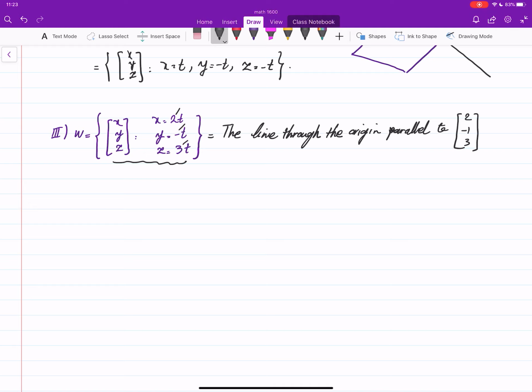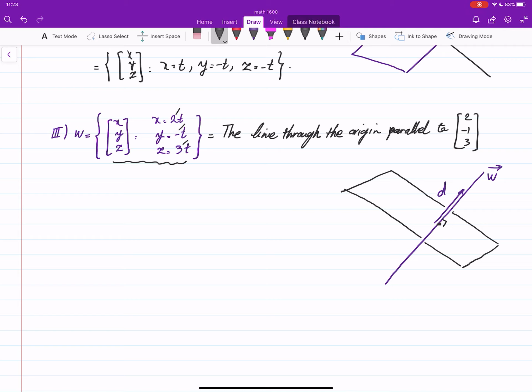This time we are in R3, and we have W as a line with a direction vector D. Now, all the vectors which are perpendicular to this line will form a plane, from the origin, perpendicular to that.